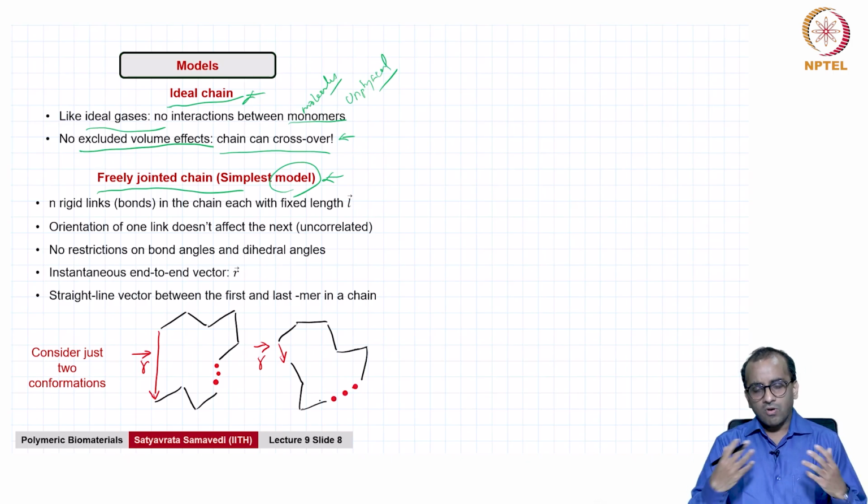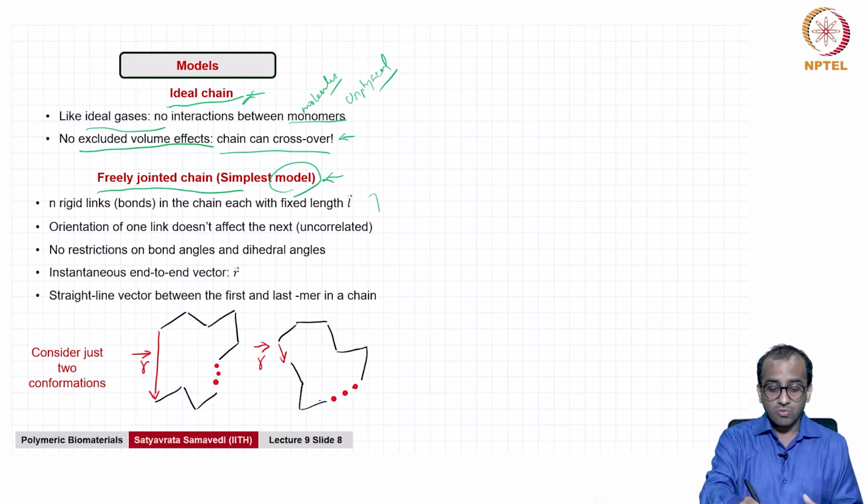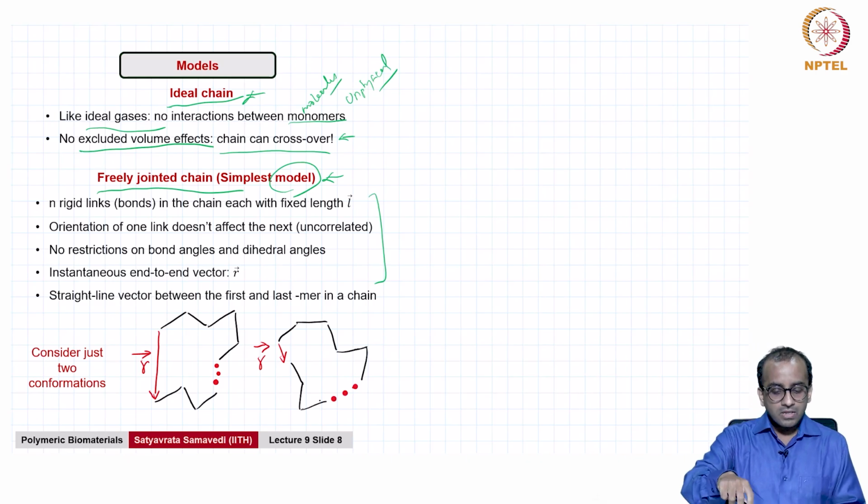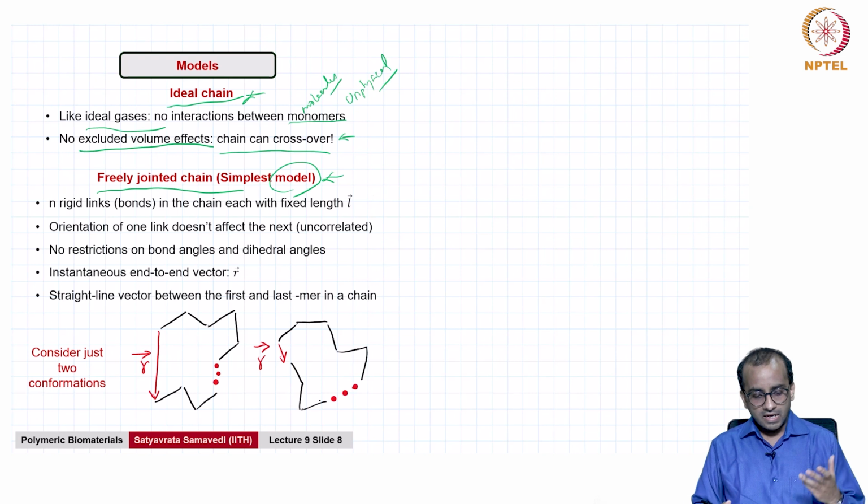And all models will have a set of assumptions, and when those assumptions get violated, the model becomes limited. The model becomes no longer applicable. So, it is very important when we start looking at models to know what the assumptions or the underlying framework is for the model. This model, like I said, is the simplest model for an ideal chain.